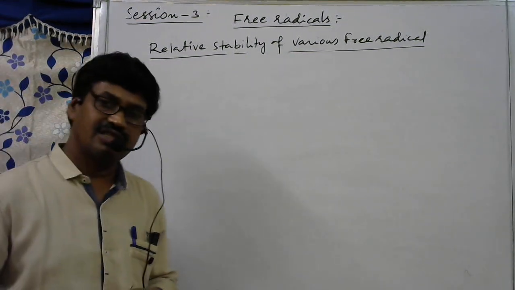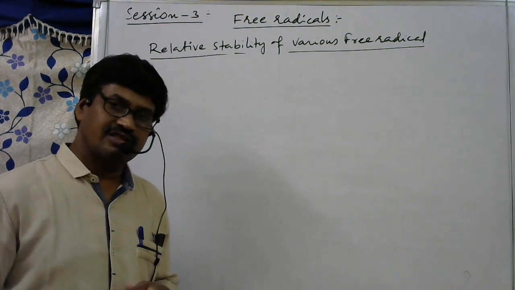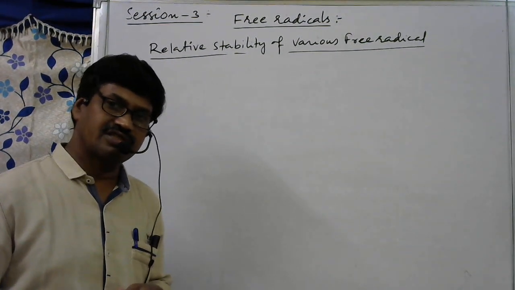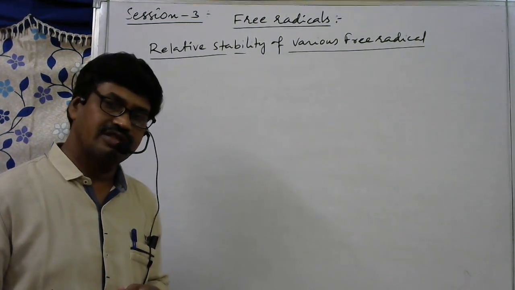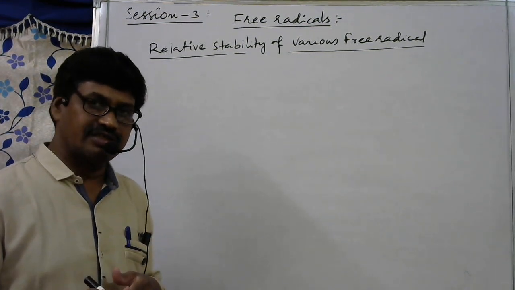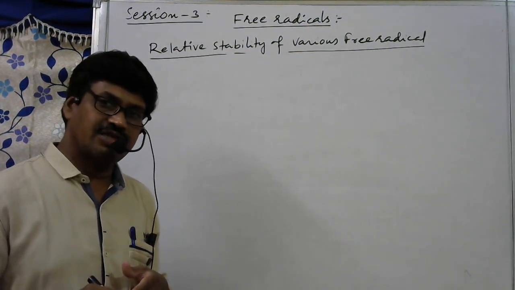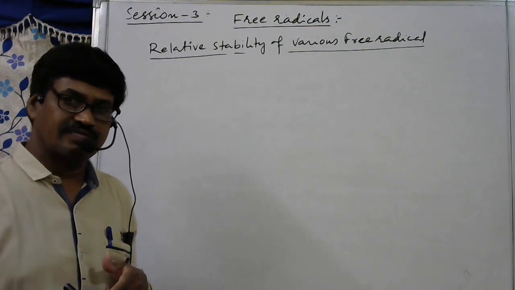Among these three electron displacement effects, which is very strong? Mesomeric effect, otherwise resonance effect, is stronger than hyperconjugation. Hyperconjugation is stronger compared to inductive effect. Generally, these three electron displacement effects are involved in different organic reactions.